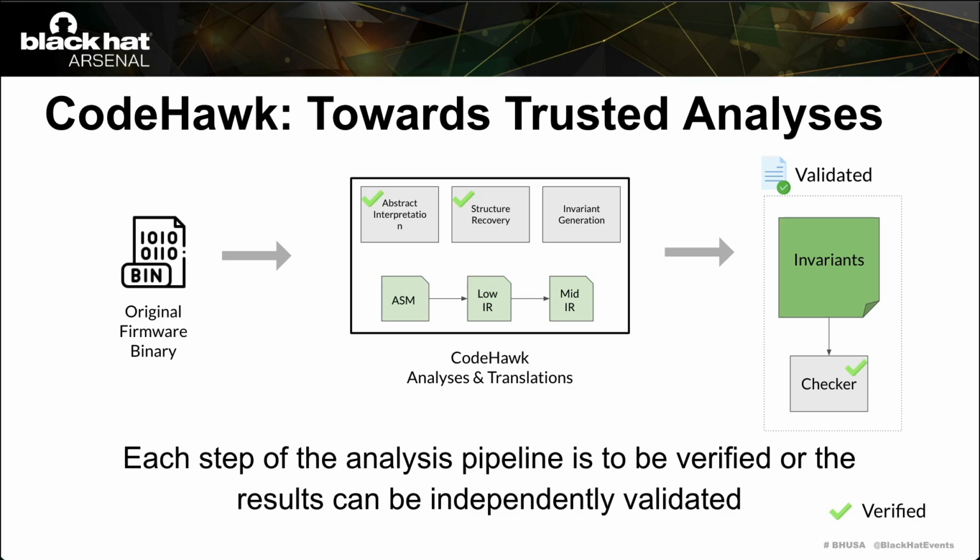We've developed the underlying binary and source analysis over the last 15 years. And in the DARPA AMP program, we developed a plan to verify or validate important steps of the analysis, and we put in place many steps of that plan. So the end goal here is to have complete trust in the analysis results. And the analysis results are invariants or facts about the binary or the C code.